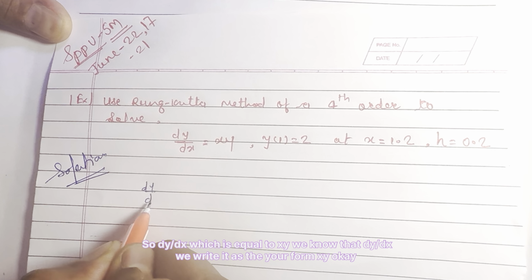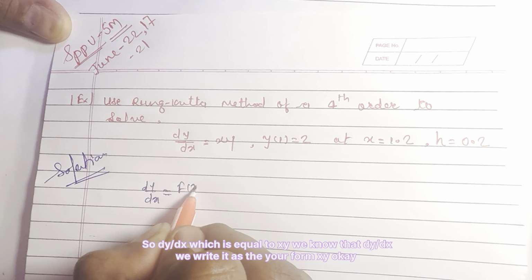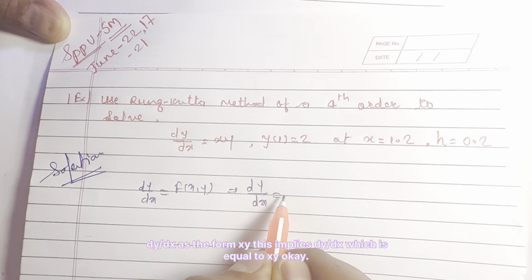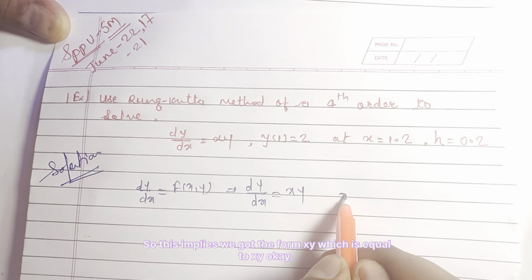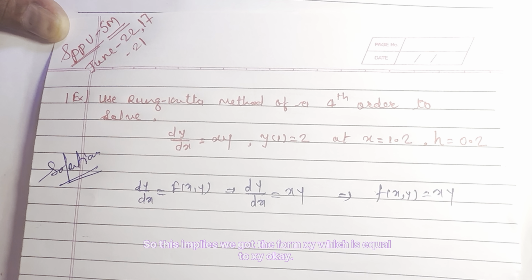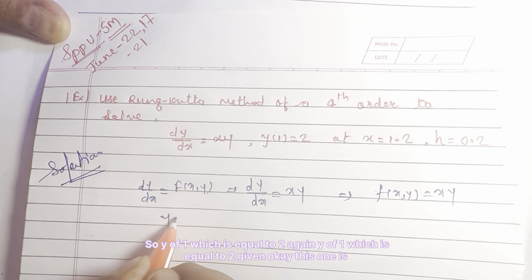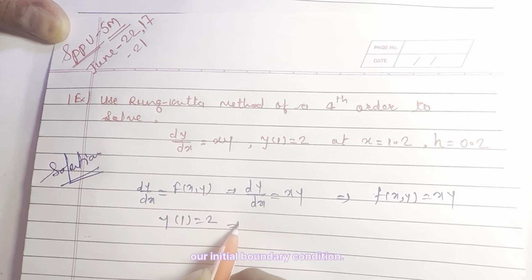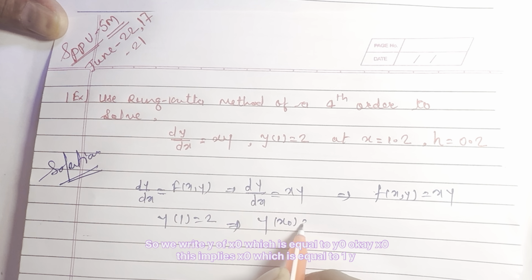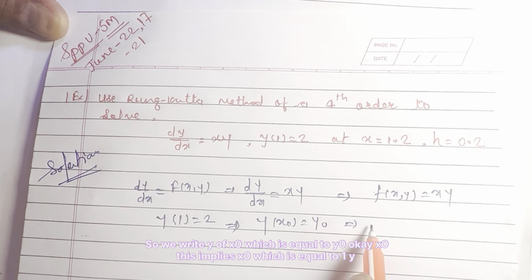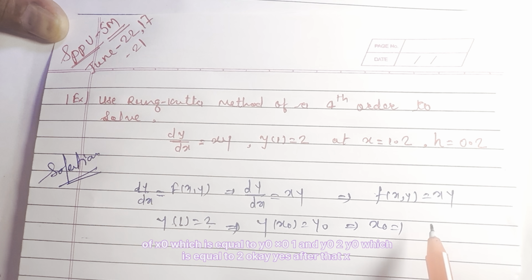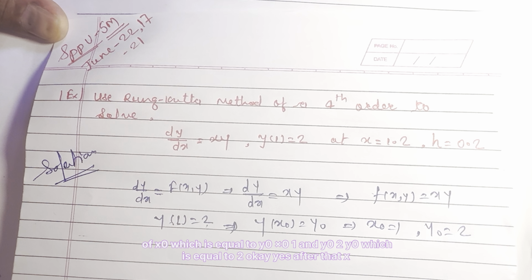Y of 1 is equal to 2 is given. This is our initial condition, so we write y of x naught equal to y naught, which implies x naught is 1 and y naught is 2.